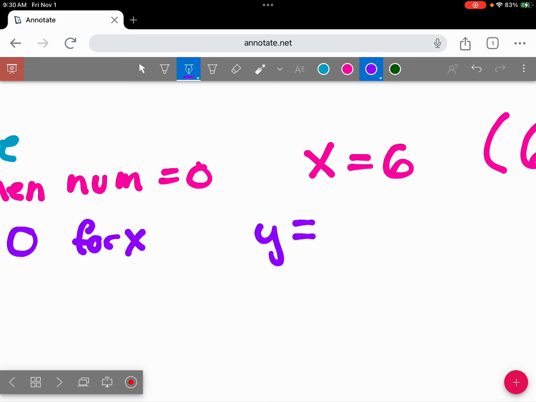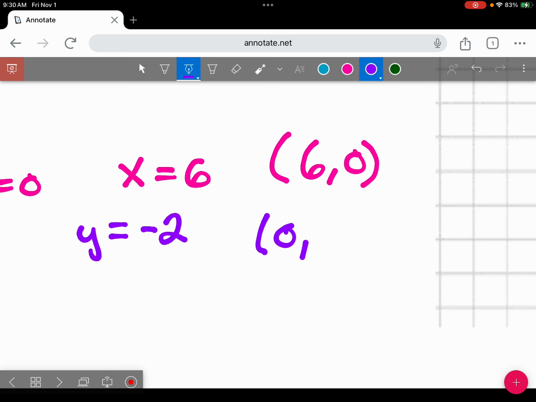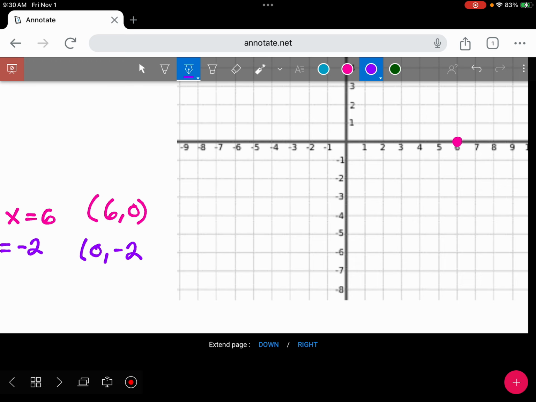Y equals what? Yeah, because we have 0 plus 6 over 0 minus 3. So 6 over negative 3, that's negative 2. So our y-intercept is at the point 0, negative 2. So it's going to be there.